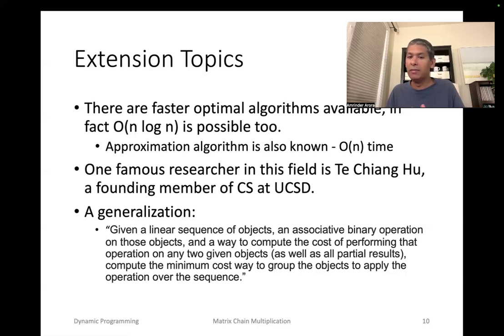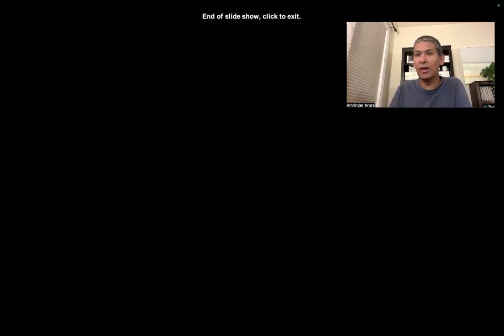Just find the minimum cost to group the objects to apply the operation over the sequence. Just like we're doing here: given n matrices, we know how to multiply two matrices, but we're coming up with a sequence to combine them. So that's basically all I have for you. That's matrix chain multiplication, a fun dynamic programming algorithm. So have fun and keep learning.